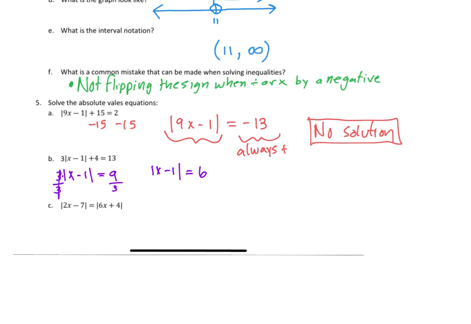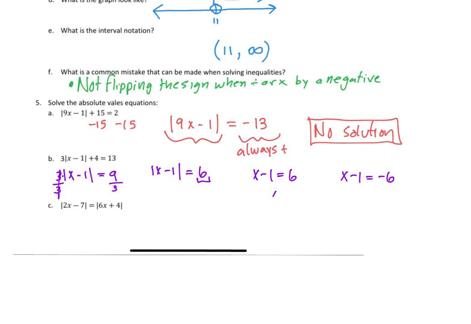Now with absolute values, we set up the two equations. Because the inside, which is x minus 1, can either be the positive of the right side, or the inside can equal the negative of the right side. So we have two possibilities.